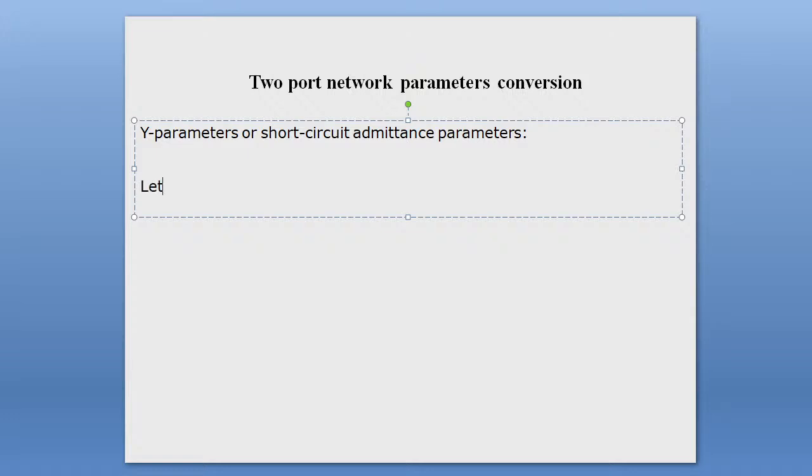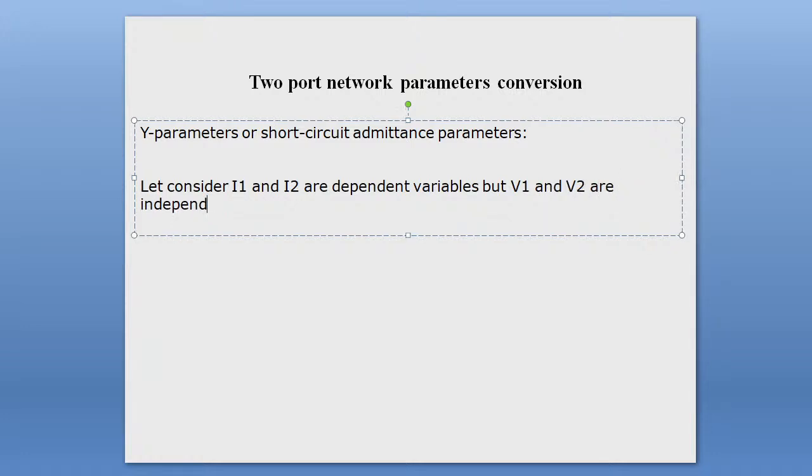So here you consider I1 input port current and I2 output port current of a two-port network are dependent variables, but V1 and V2 are independent variables.